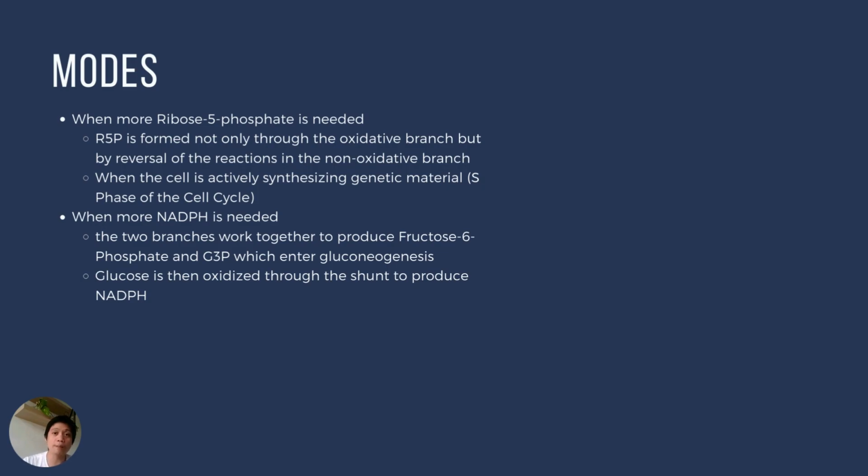Then it goes up until you produce glucose 6-phosphate or glucose. Through gluconeogenesis and the production of glucose 6-phosphate, you then shunt the glucose 6-phosphate back into the pentose phosphate pathway so that it is oxidized to produce reduced NADP or NADPH. Okay?